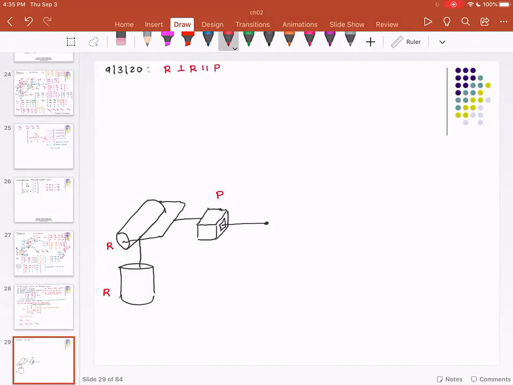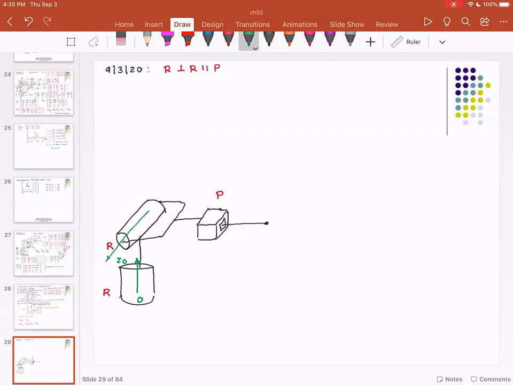Now what we need to do is follow the process and try to find the coordinate system and their direction. Remember the rules. The first rule is your z-axis has to go through the joint variable. So this is going to be my 0th frame. This is my z0.